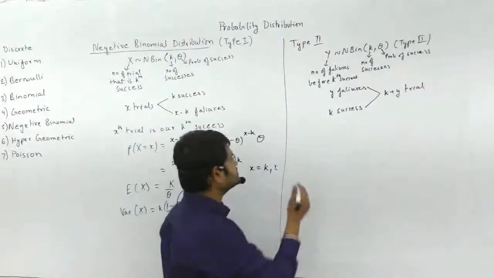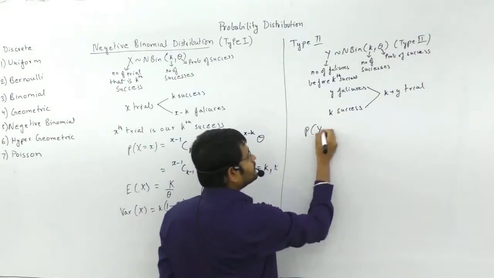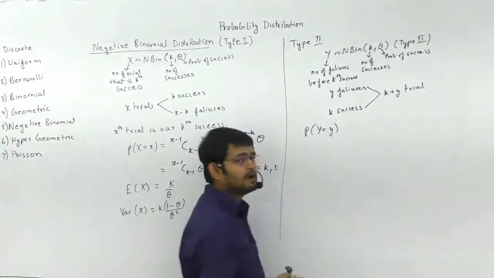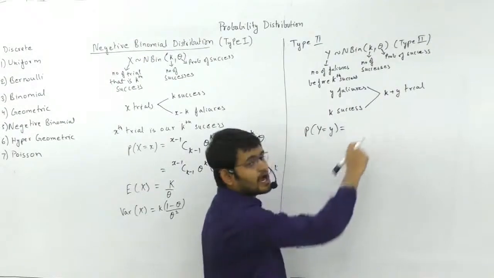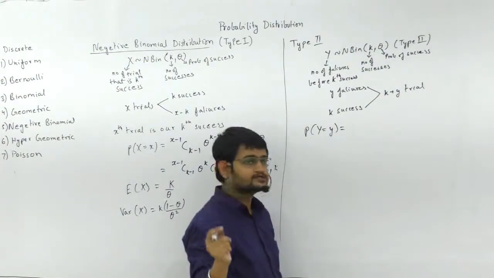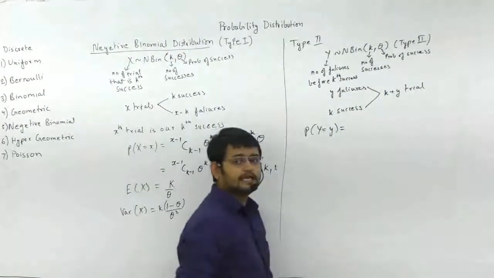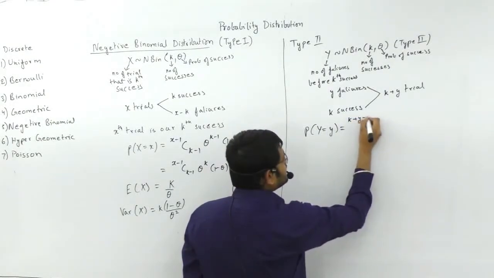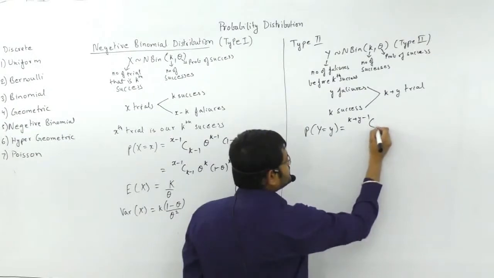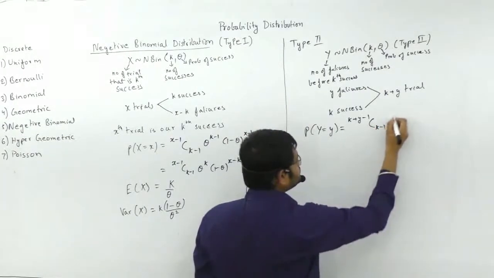That means, if I want to find the probability that Y equals y, I will have to select, out of k plus y minus 1 positions, k minus 1 positions.